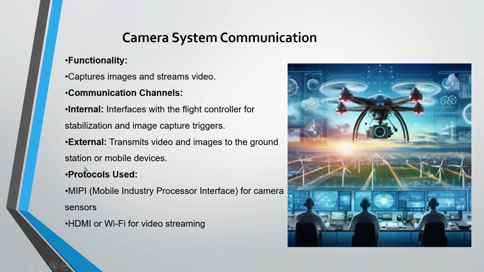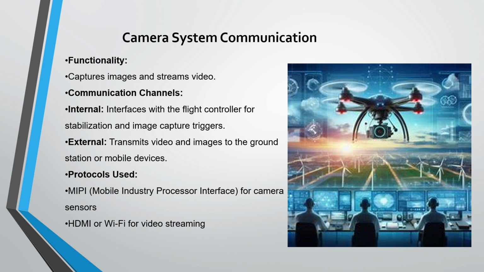The first is the internal communication channel. It provides interfaces with the flight controller for stabilizing and image capturing triggers. So whenever we trigger the button, it will take a picture of the specific area it covers in its range, or you can say the camera will capture the picture from the area.